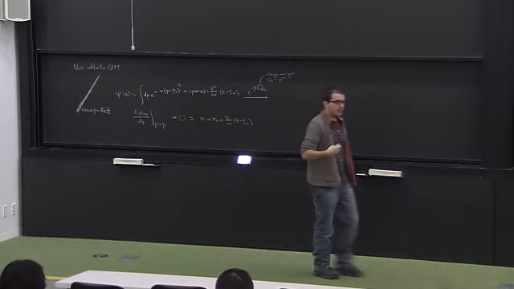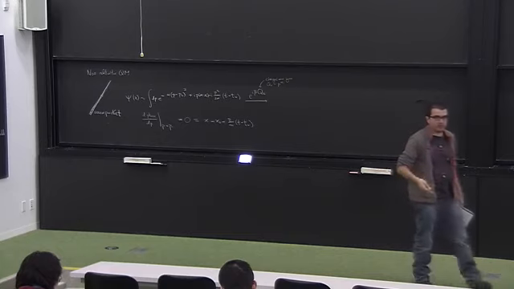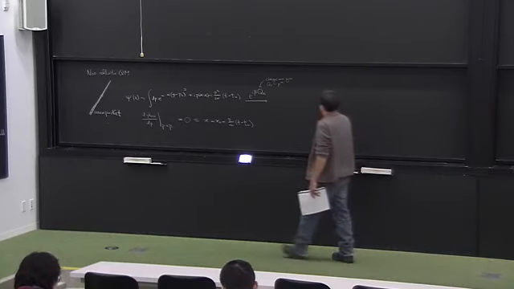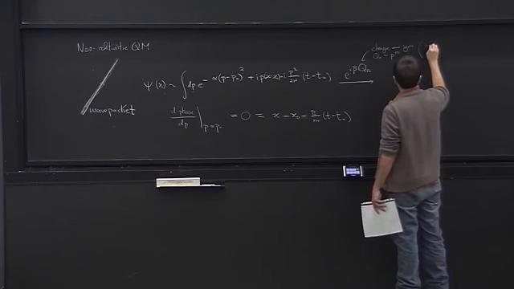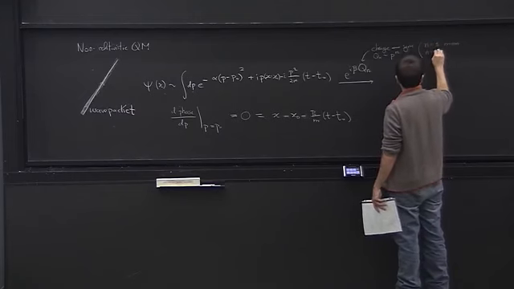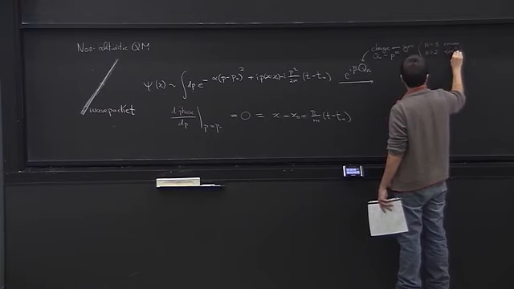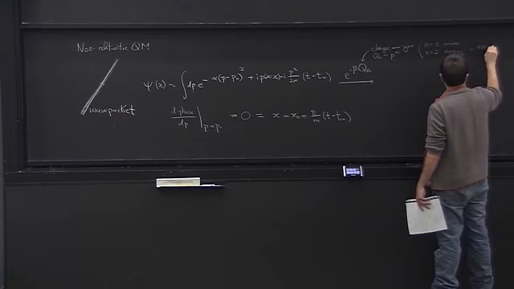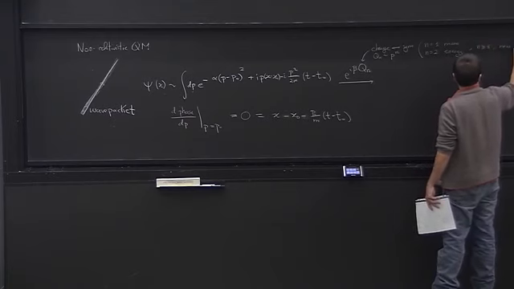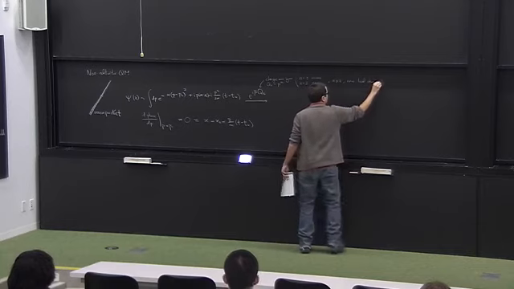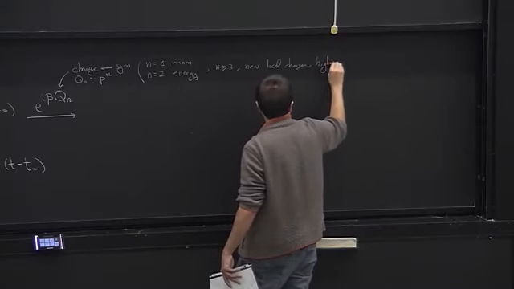Such that when n equals 1, we just have momentum. When n equals 2, we get energy. So this is familiar. And n bigger or equal to 3, these are new local charges, which are called higher charges.